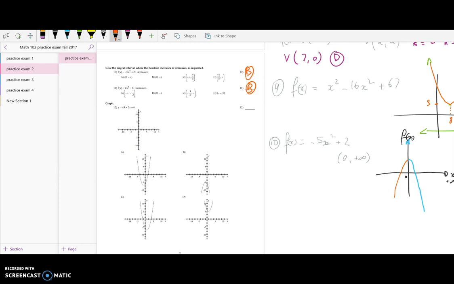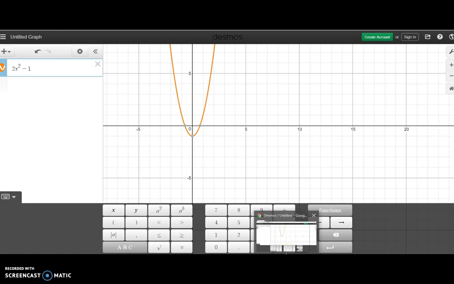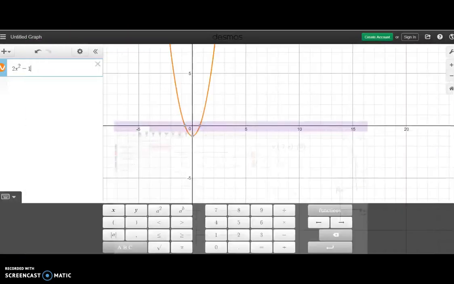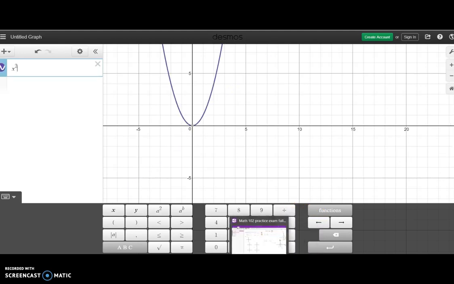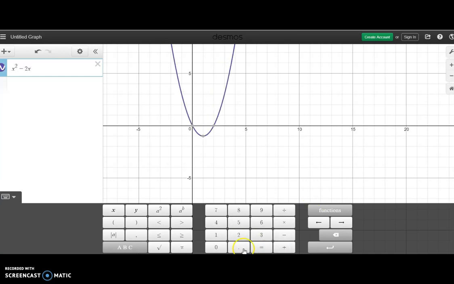Problem number 12, we have to graph the function x squared minus 2x minus 6. So what's going on? Let's go back. There we go. So x squared minus 2x minus 6.